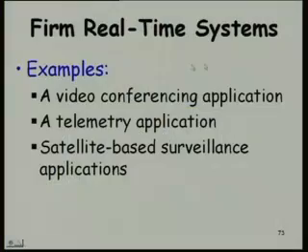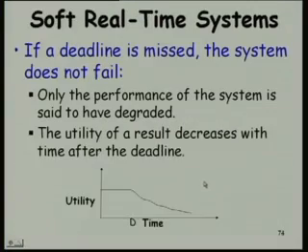If data could not be transmitted in time, we have new data, so we use the new data and discard the old data. These are some examples of a firm real time application.